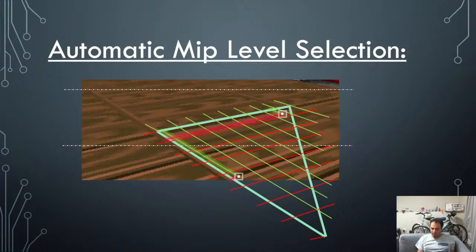But basically, the main idea is that we want to find a relationship between the size of the pixel and how many texels it captures behind it currently. And we want to do that accounting for the perspective of the UV space.